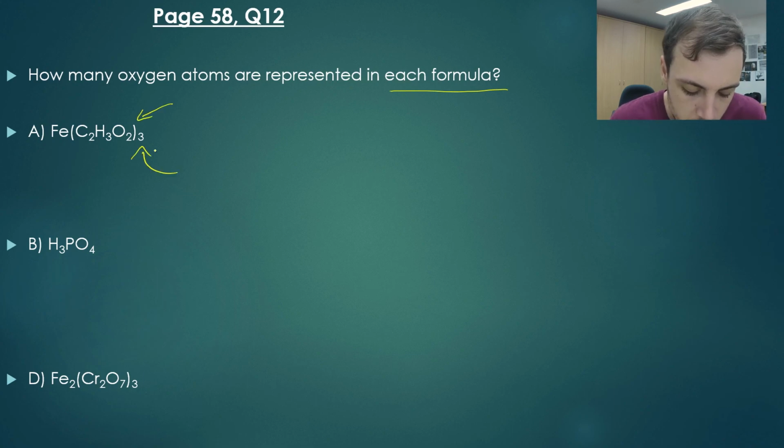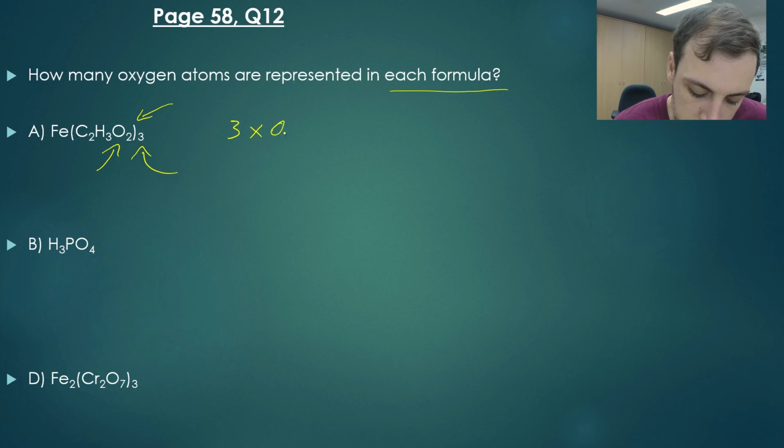The only oxygens in this formula are within these brackets. So we have 2 oxygens in here, and everything inside these brackets is multiplied by 3. So that means we have 3 lots of O2, meaning that we have 6 oxygen total.